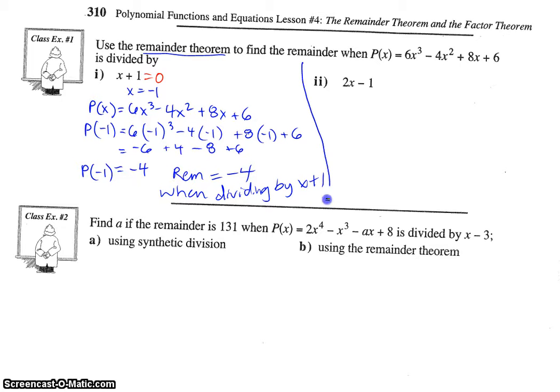Okay, let's try it with this one. So we're dividing by 2x minus 1. That's our divisor. So once again, you want to set it equal to 0 and we solve for x. So add 1 to the other side, then divide by 2, and we would have x equals 1/2. So once again, we're writing down our polynomial.